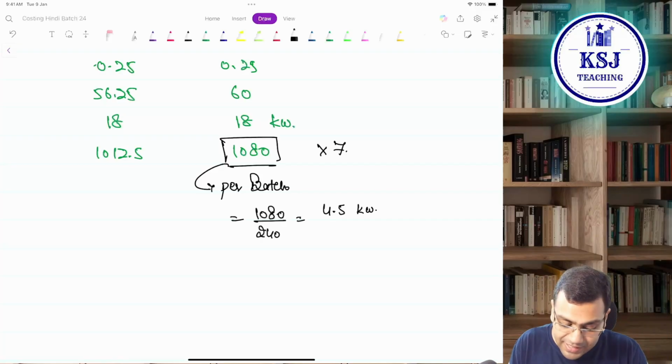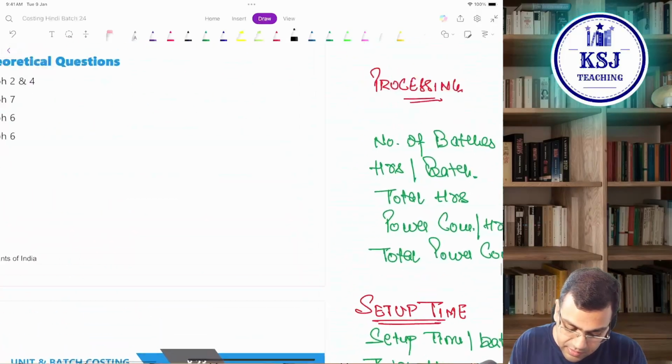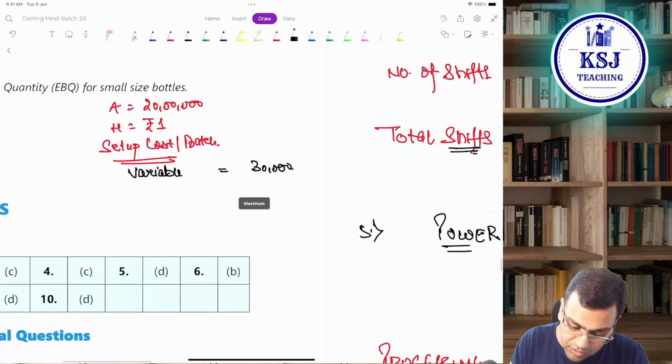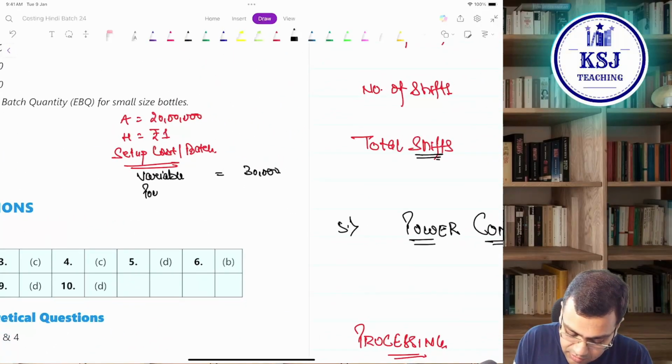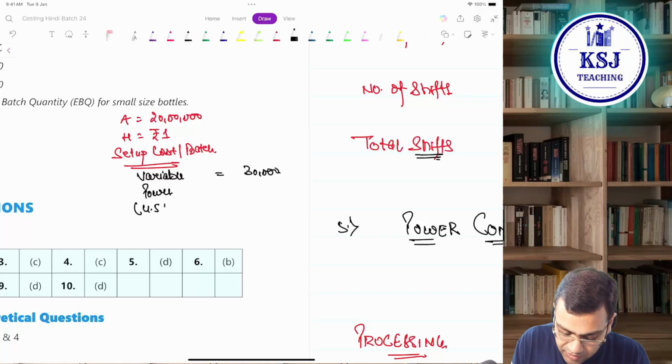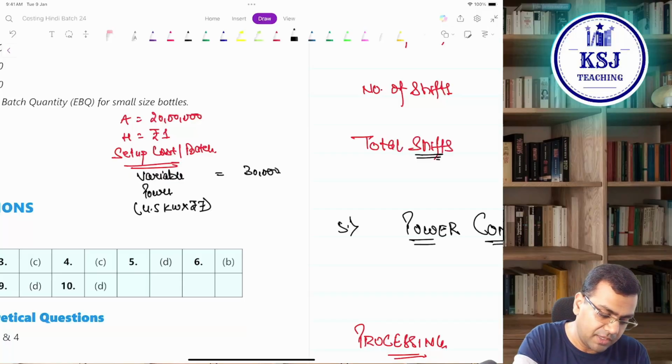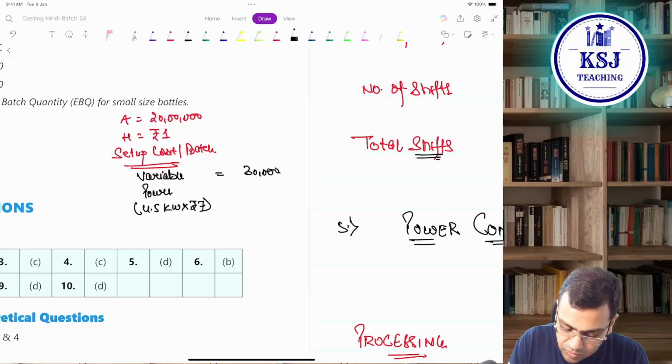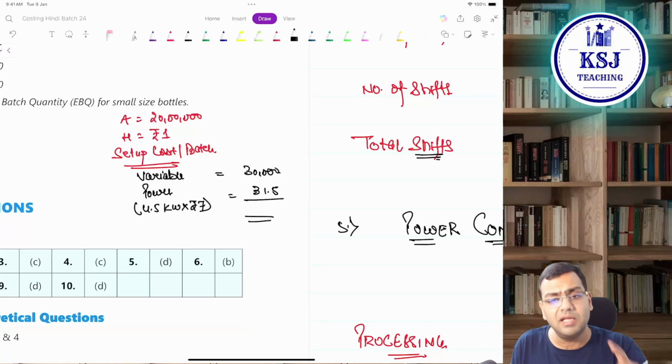So what is the setup cost I have to incur? A power cost, 4.5 kilowatts for every batch multiplied by ₹7. So 7 multiplied by 4.5 comes to 31.5. So this becomes your total setup cost.